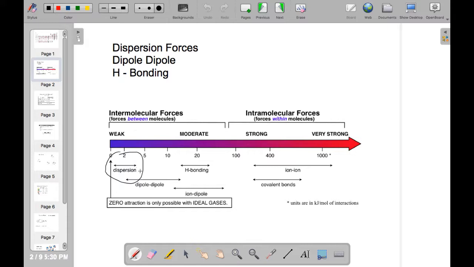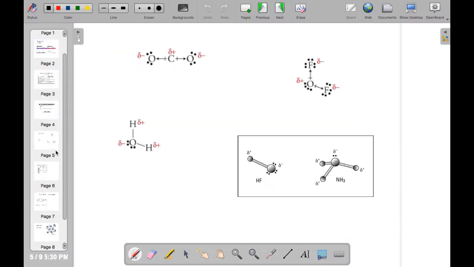which would be dispersion. What about dipole-dipole? Dipole-dipole happens in molecules that actually have two separate polarities on them. So as we see this OF2, this part of this molecule is negative because fluorine has more electrons around it, whereas the oxygen is slightly positive.